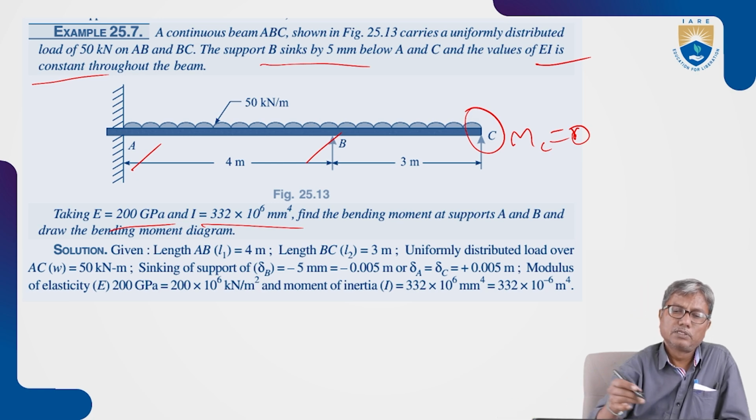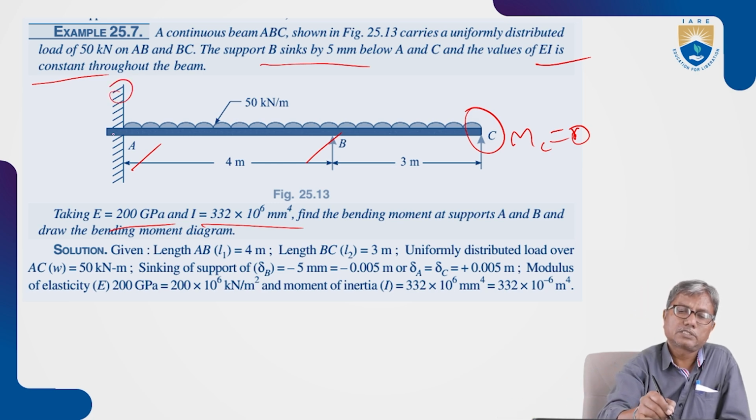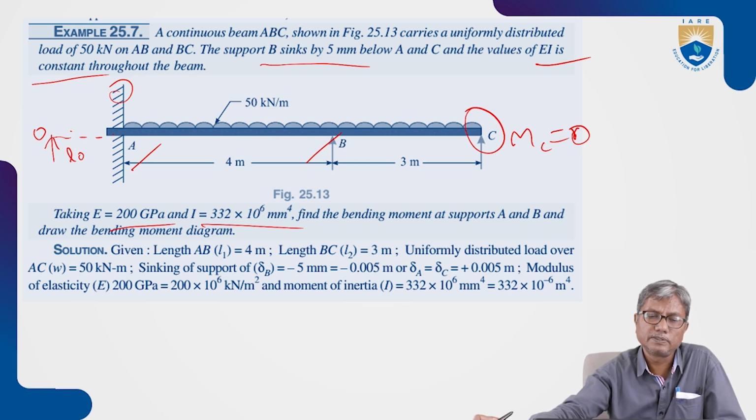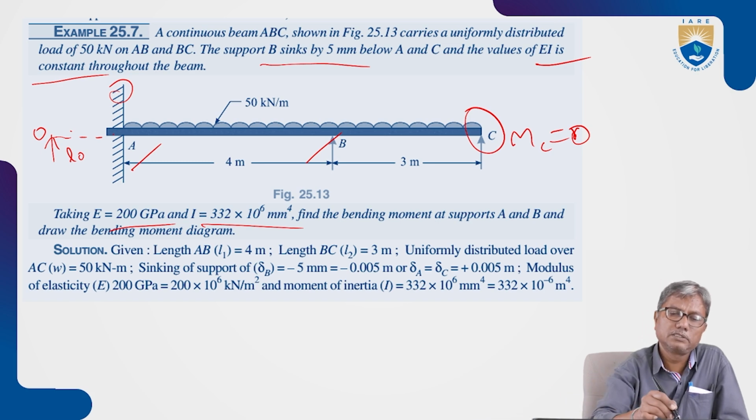As we have already discussed, when we have a fixed support, then we will assume a zero span by the side of the fixed support. Here, to the left of A, we consider AO of span L0, which is 0.